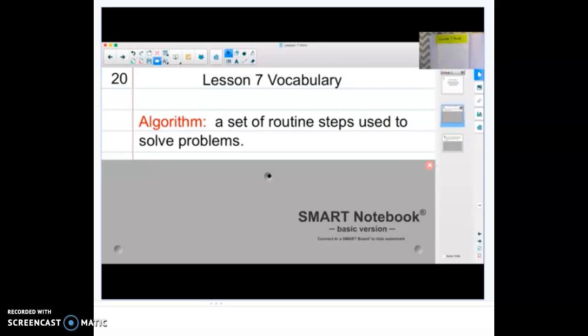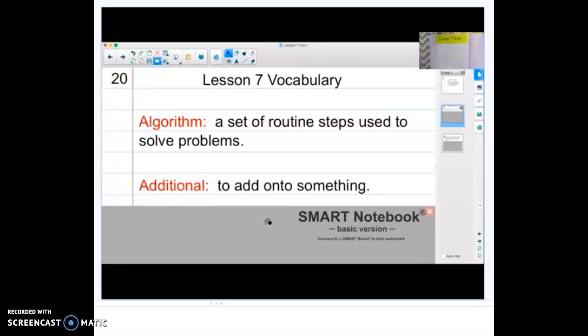The second vocab term that I want to introduce you to is additional. Additional means to add on to something. So we have something that we're starting with and we're adding on to it. That's additional, to add on to something.